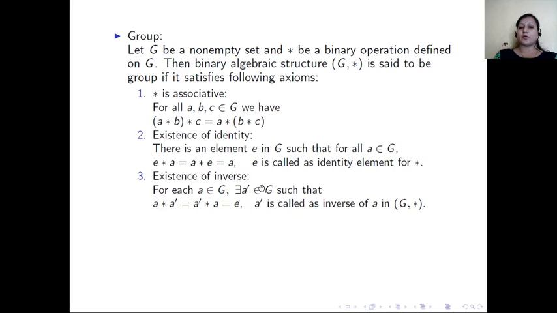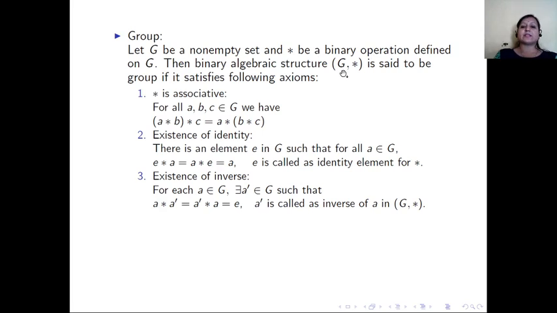So first of all, let me clear one thing. Even though I have listed here three axioms, in the statement itself I said that star is a binary operation. So that itself is one more property. So first of all, star must be a binary operation.